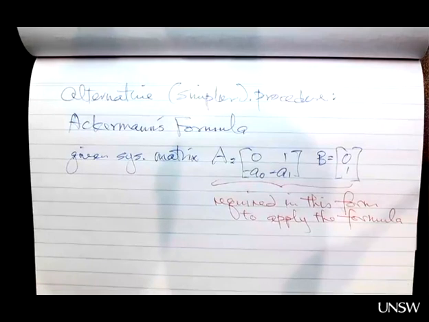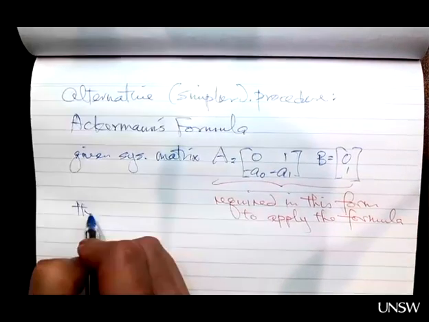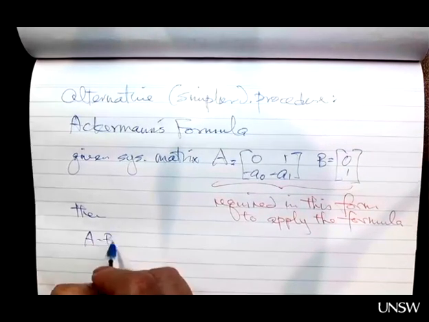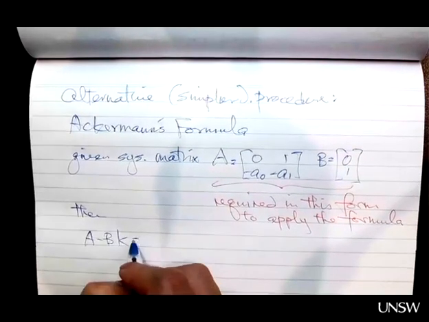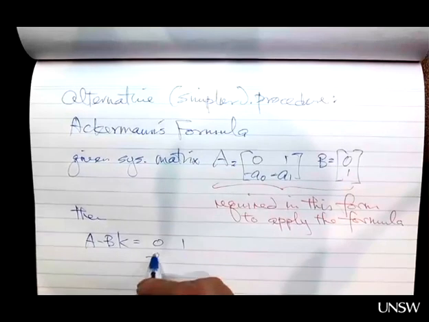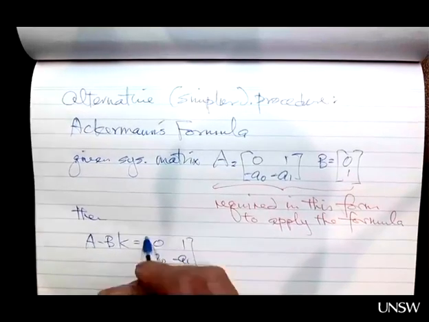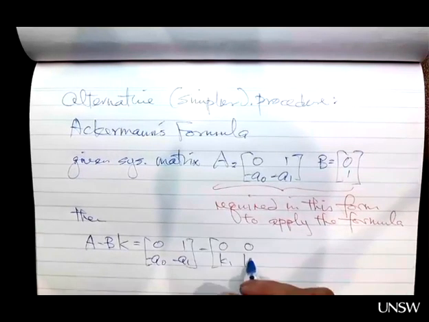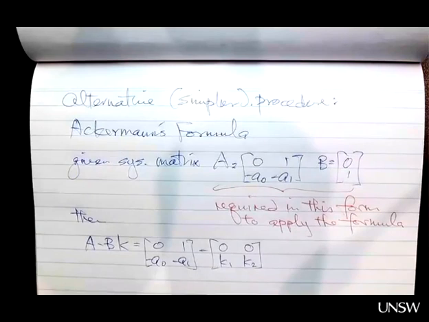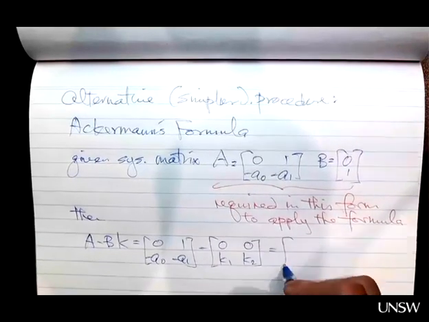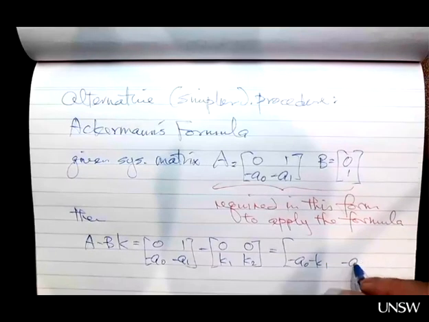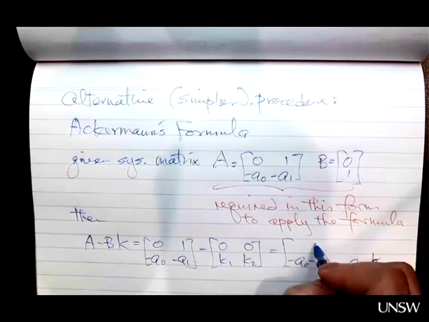Then what we can have in this form is A minus BK. So it is 0, 1, minus A0, minus A1, minus BK, which is 0, 0, K1, K2.